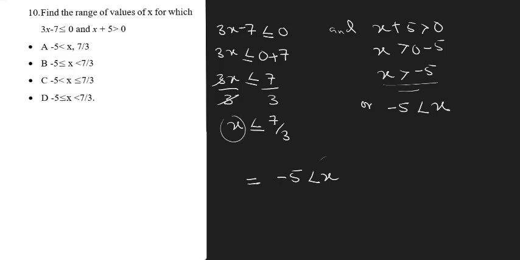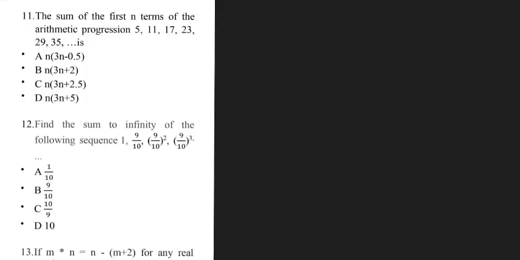You can see that it's the same x, right? So we don't need to write it again. Then we said less than or equal to 7 over 3. So this is the answer. It's just for us to rearrange them, right? So let's check the answer. Minus 5 less than x less than or equal to 7 over 3. So the answer here is right. So let's move to the next question.